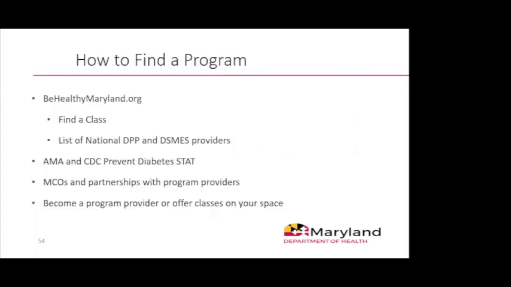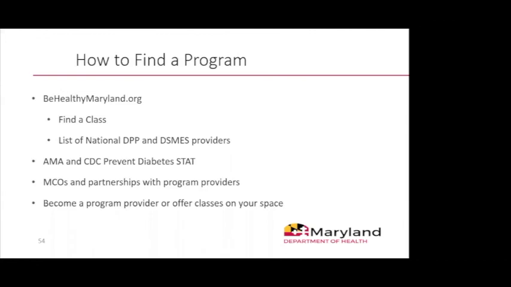So speaking of accessibility, there are several ways a person can find and or be referred to the National DPP and to DSMES. Our office maintains a customized website, behealthymaryland.org, where program providers may advertise their classes, and people may use the site to find classes and refer or to self-refer.